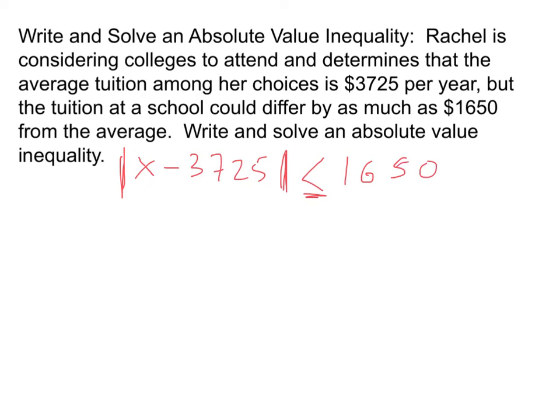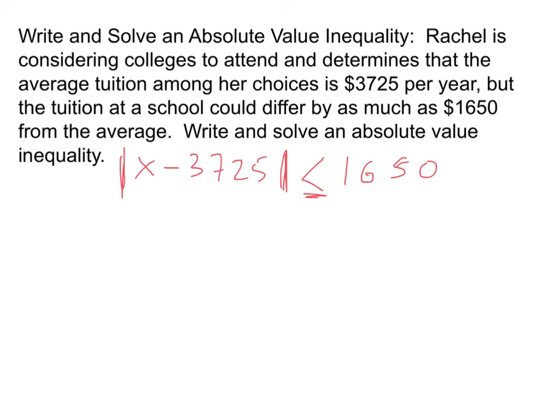So that's the absolute value, because it's both. It could be bigger where it's above, or it could be smaller where it's below, but the difference can't be any more than the $16.50. So hopefully that's what you set up.